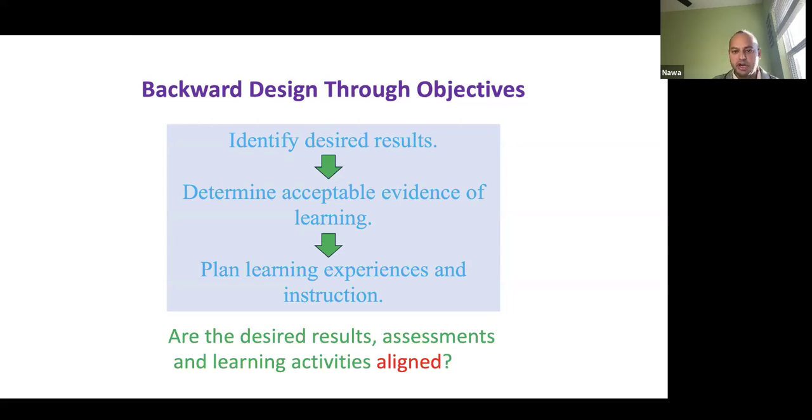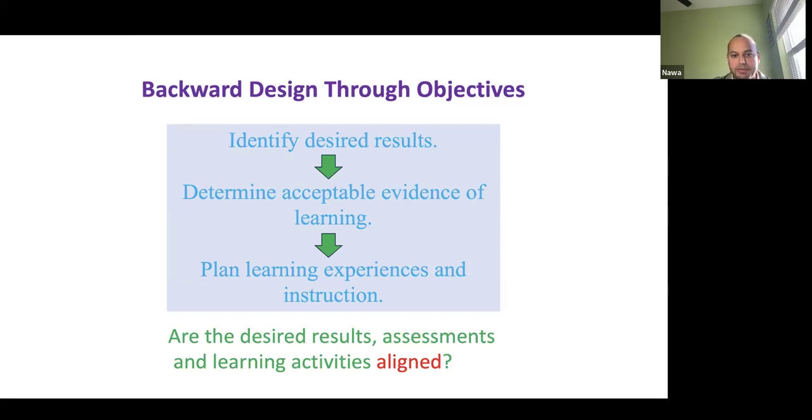So the first is objectives, the second is the assessment, and the third is the methodology. But one important question we have to ask ourselves is, are the desired results, assessment, and learning activities aligned? If they are not aligned, then it merely will be a technical subject.